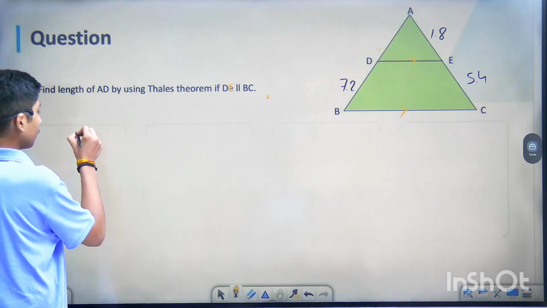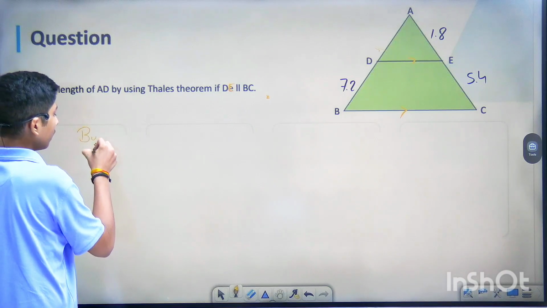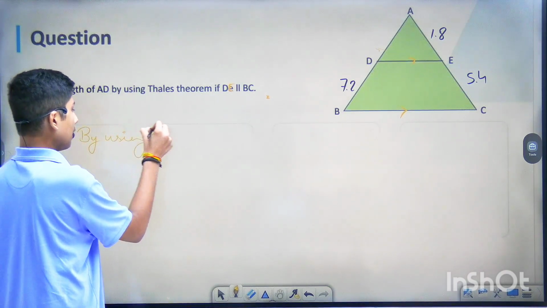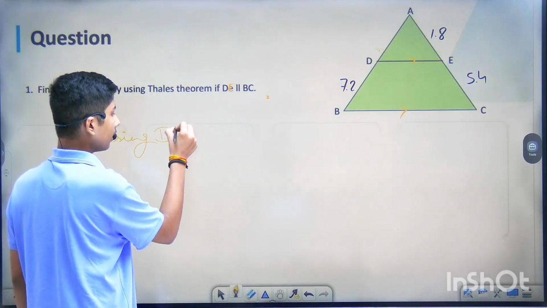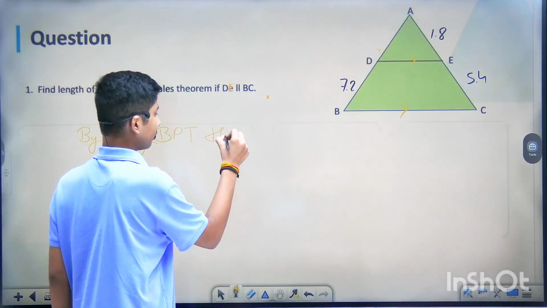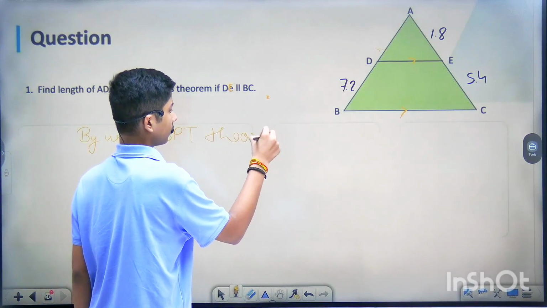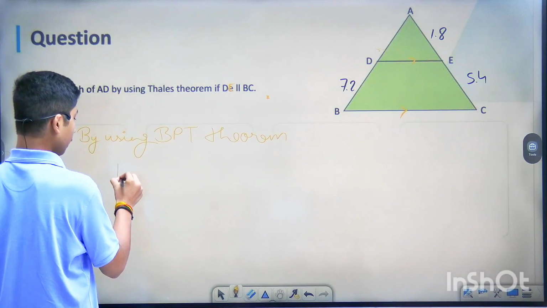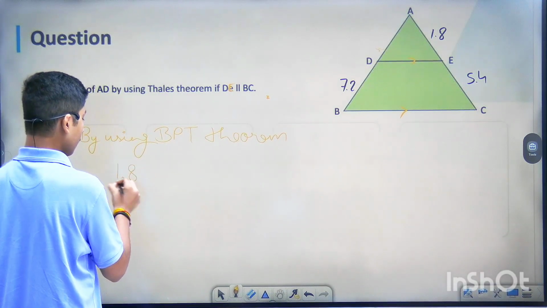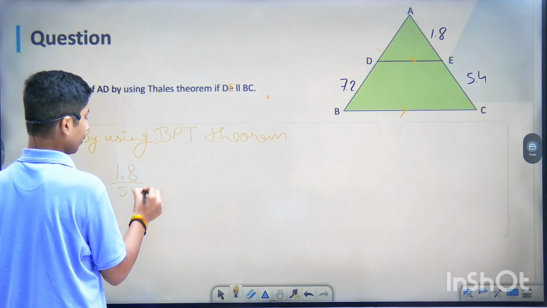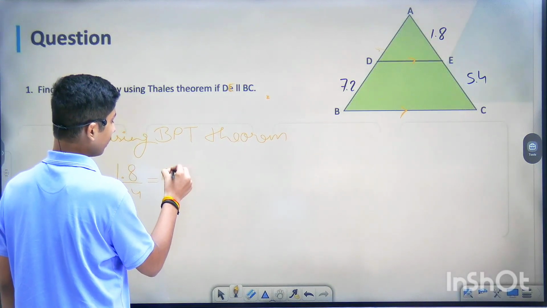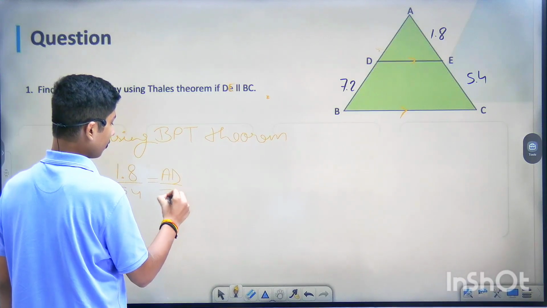So we will have to write by using BPT theorem, 1.8 upon 5.4 equals AD upon 7.2.